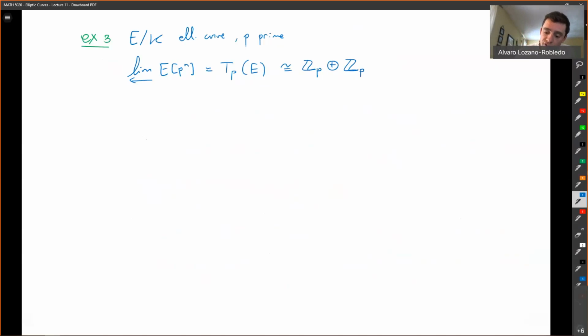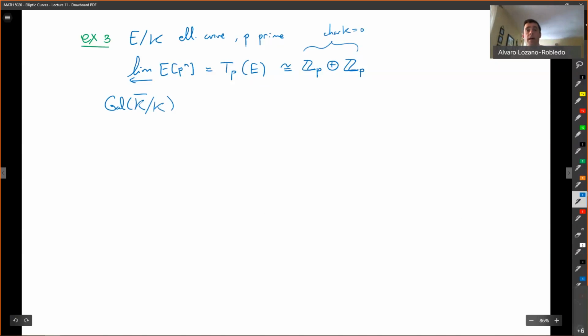So it turns out that Galois, here it would be K bar, this is true if the characteristic of K is 0. Now the absolute Galois group of K acts on the p^n torsion. Why would that be?